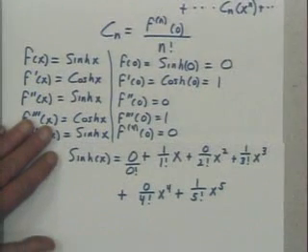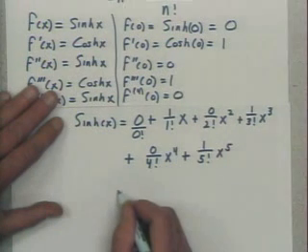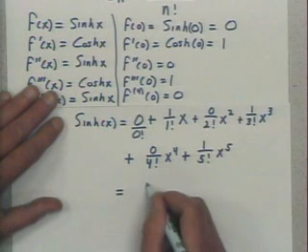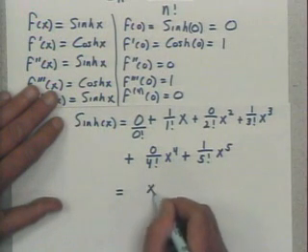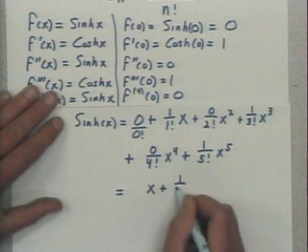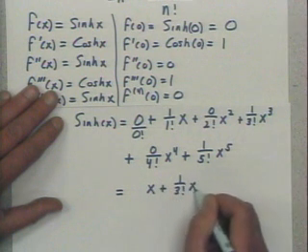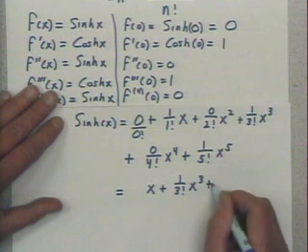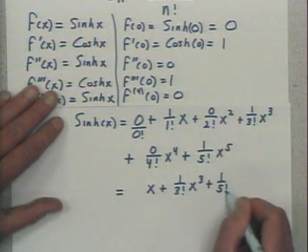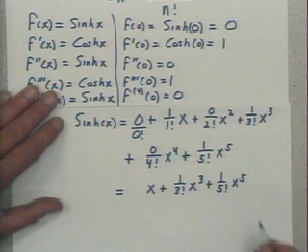So you notice that every other term is going to drop out, isn't it? So basically what I have is x plus 1 over 3 factorial x cubed plus 1 over 5 factorial x to the 5th, and you can see just the odd powers are going to remain, right?